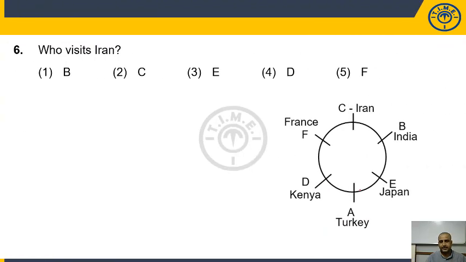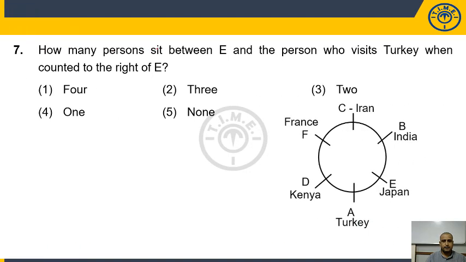Who visits Iran? C visits Iran, choice 2. How many persons sit between E and the person who visits Turkey when counted to the right of E? So E is here and the person from Turkey is here.